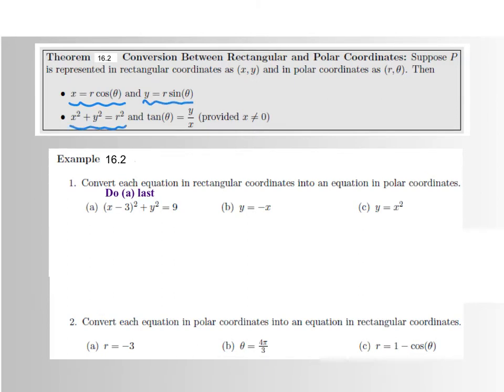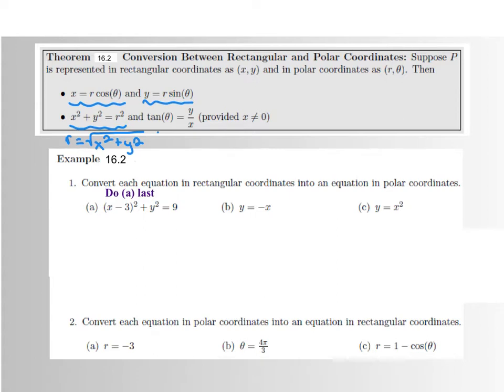We've got x squared plus y squared equals r squared, which means r equals plus or minus the square root of x squared plus y squared. And we've got tangent theta equals y over x. Okay, so let's go to B.